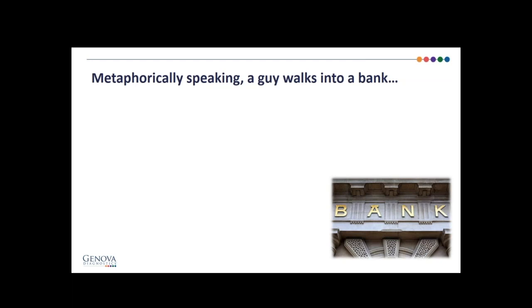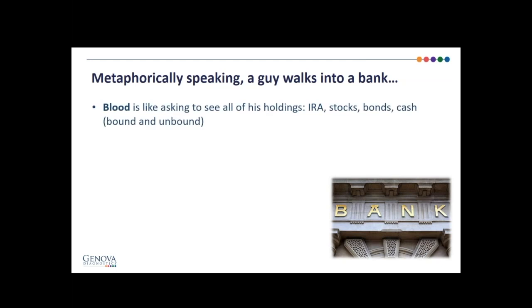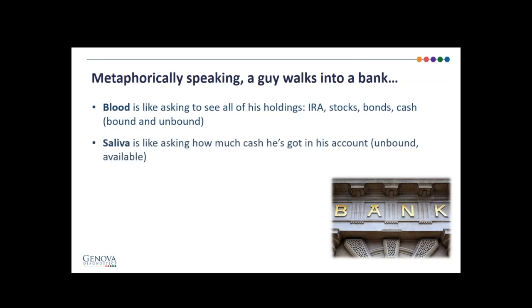And here's a metaphor. Metaphorically speaking, a guy walks into a bank. Blood is like asking to see all of his holdings, his IRAs, his stocks, his bonds, his cash, the bound and unbound levels. Saliva is like asking how much cash he's got in his account. What's unbound? What's available now?